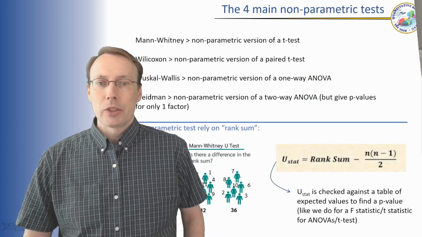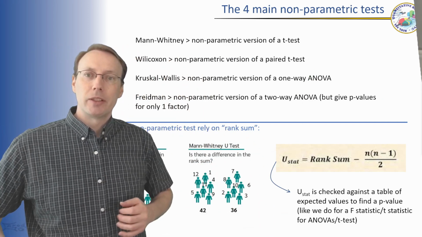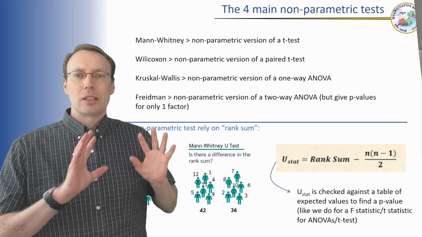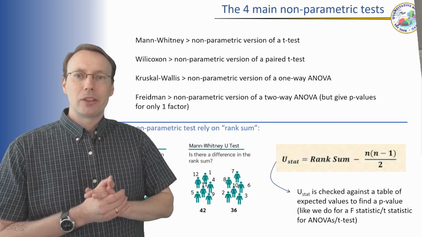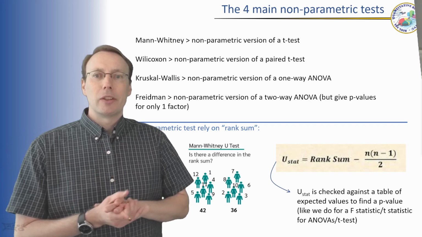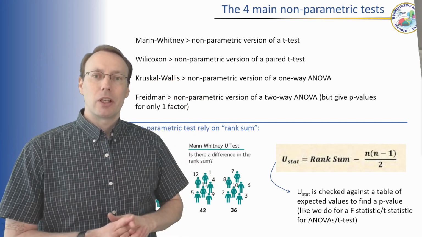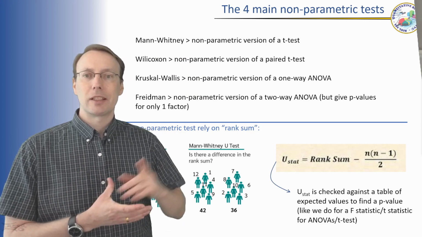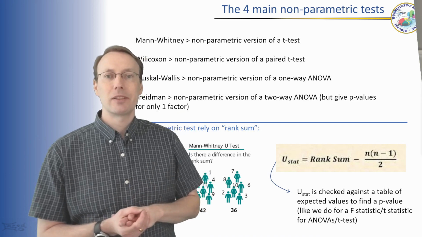So here we first have the Mann-Whitney test. It's a little confusing here because the Mann-Whitney also can be called a Wilcoxon. So the Mann-Whitney can be called a Wilcoxon rank test, and here it's Wilcoxon signed rank test.